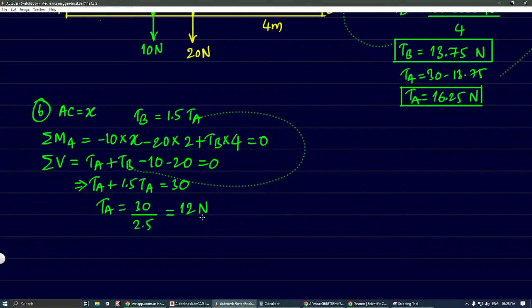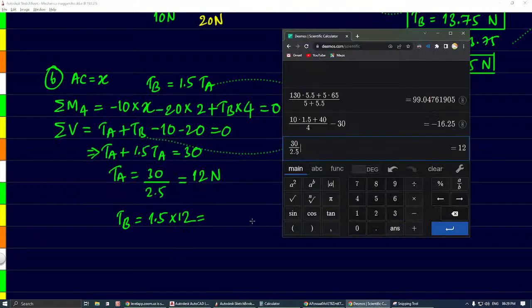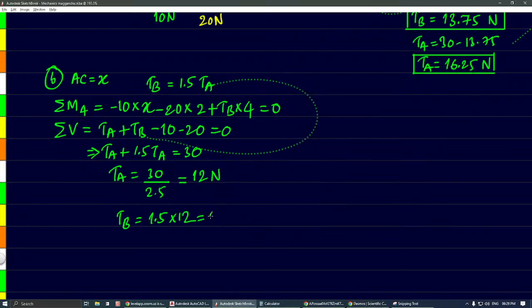So now substitute this TA value. TA we cannot substitute because we have TB here. So first let us find TB. TB is 1.5 times 12, 18.